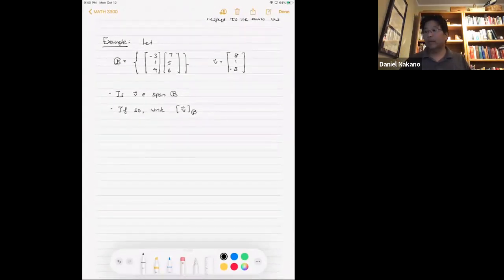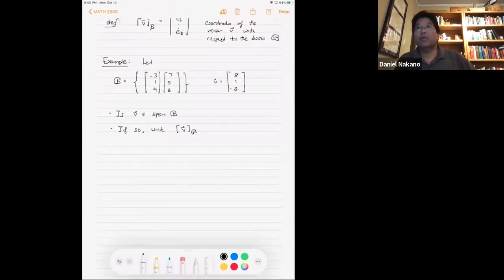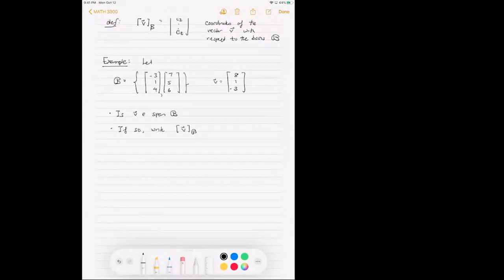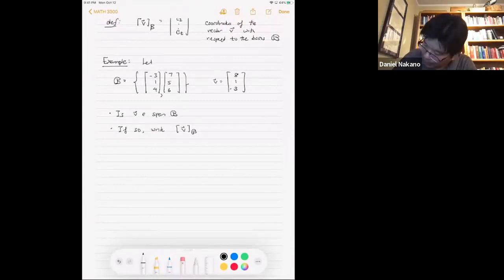All right. Now, how do we answer the first question, whether V is in the span of these two vectors? Right, whether V is a linear combination of the two vectors. Good. So we're wondering whether 8, 1, minus 3 is a linear combination of -3, 1, 4, and 7, 5, 6.